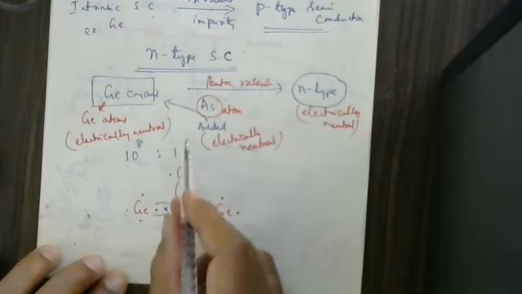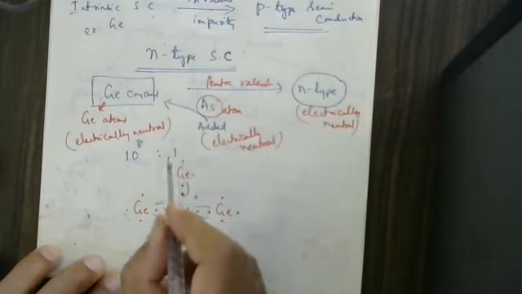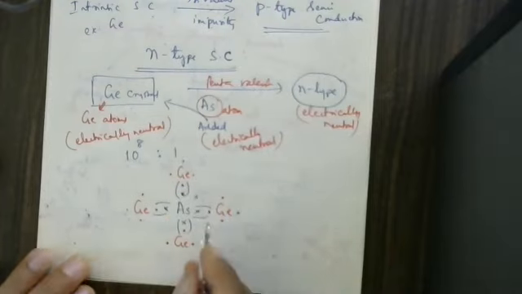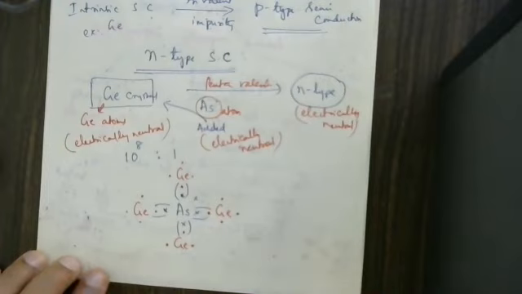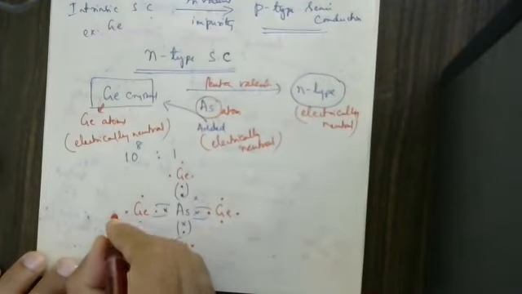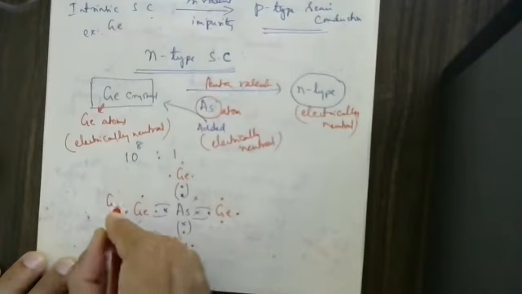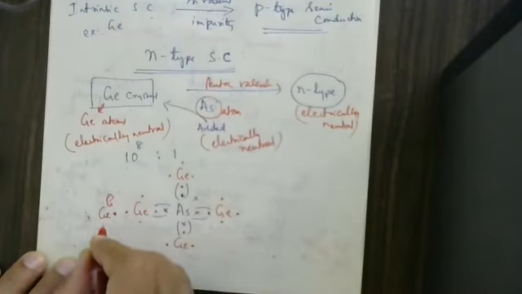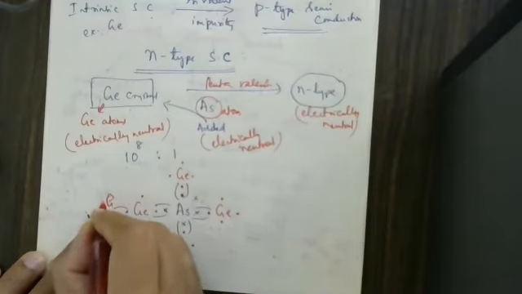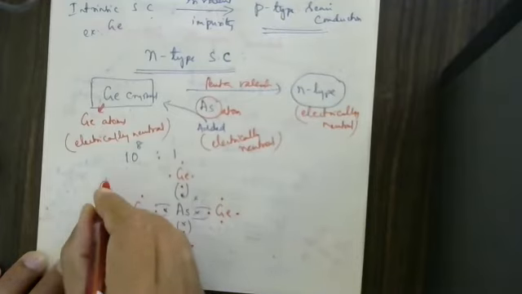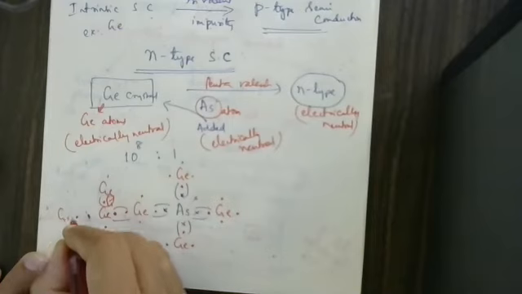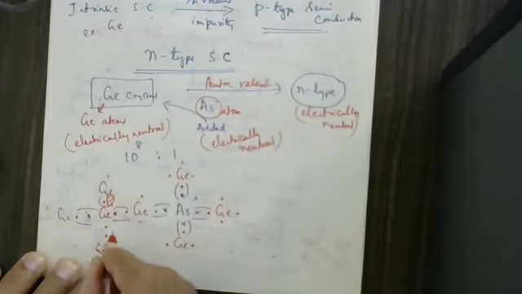It will continue like this. Covalent bonds are present here. Germanium, germanium like this. If you want, I will show it here like this. Here also germanium. Here also germanium. It will continue like this.